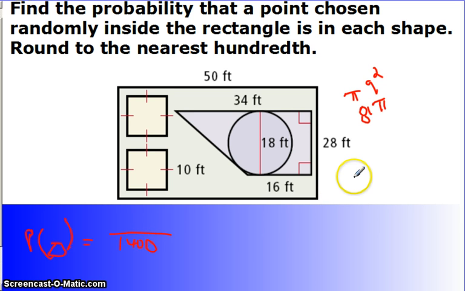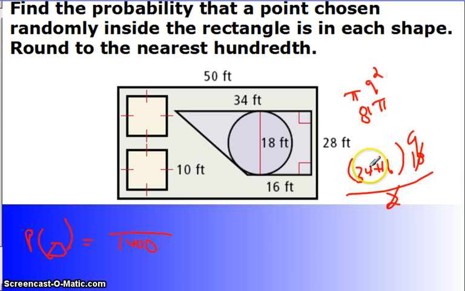And let's see, for the trapezoid, we're going to have the two bases that we add together, so 34 plus 16 times the height of the trapezoid, which would be the 18, and we're going to divide that all by 2. So we're going to cancel the 2 in with the 18 and make that 9.